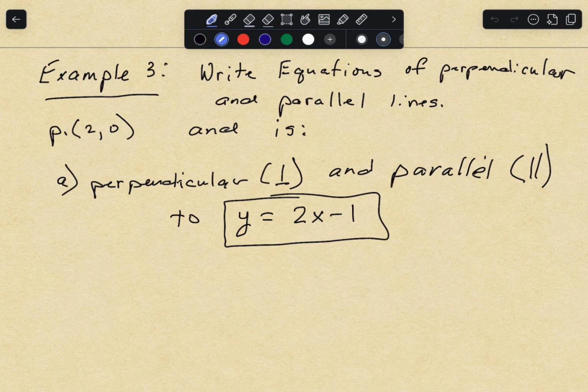But for a perpendicular one, I'm going to call it m2, because you're going to use m1 to discuss this particular slope right here. So that's a negative 1 over m1.